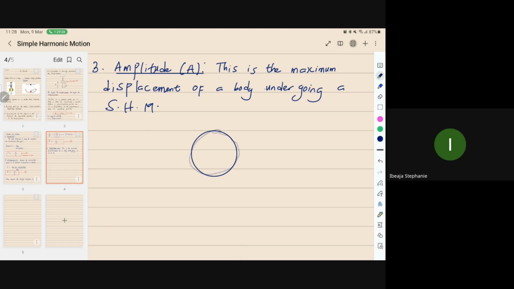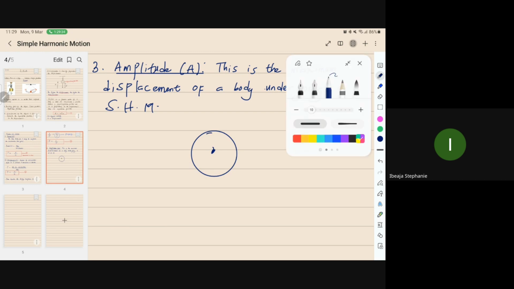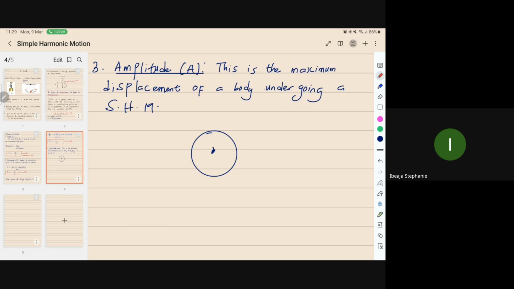How fast your angle changes is your angular velocity. Remember that linear velocity V is equal to displacement over time. Angular velocity omega is equal to angular displacement all over time. This one is how fast your distance changes, how fast your angle changes.